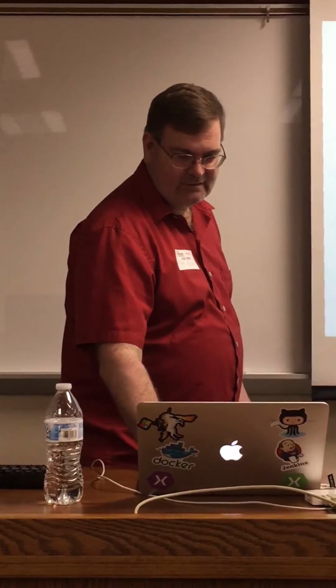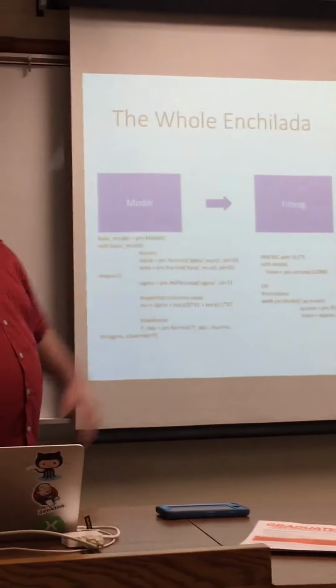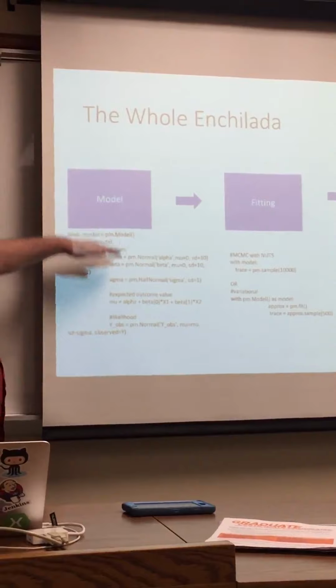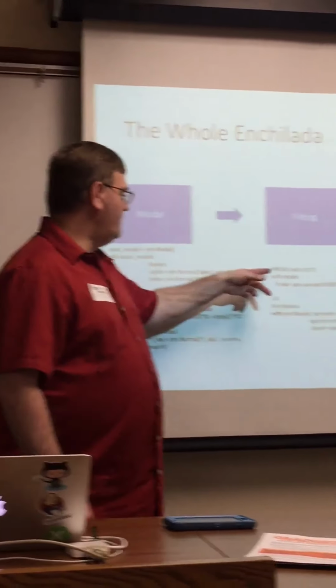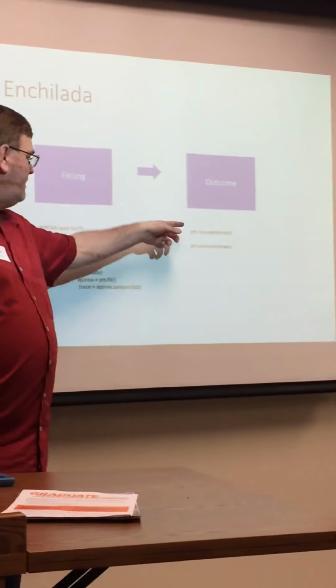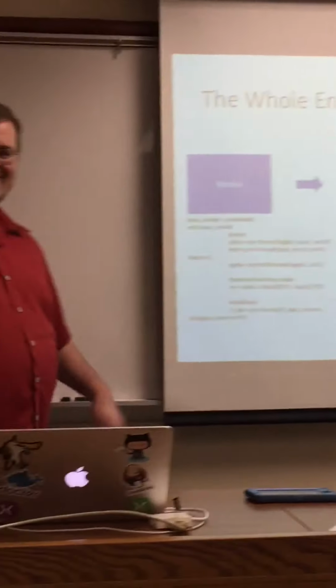So, all right. And so this is the whole thing. This is the amount of code that you'll have to write to do all of this. It's pretty simple. We'll go through this a little bit more, but this is how you set up the model. And this is how you do the fitting. And then of course here you have trace plot and summary. So super simple, I told y'all it would be.